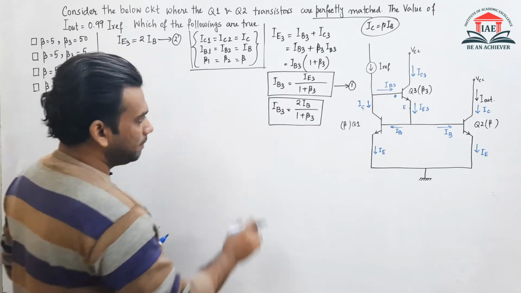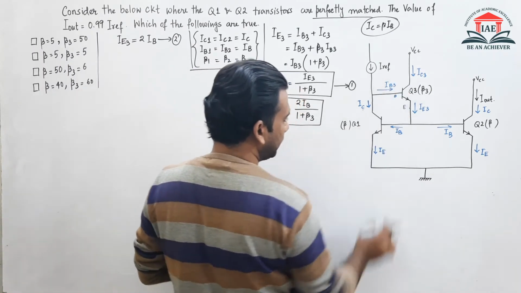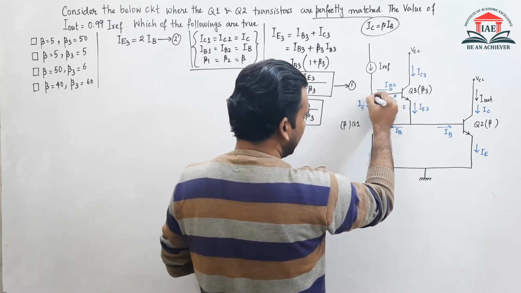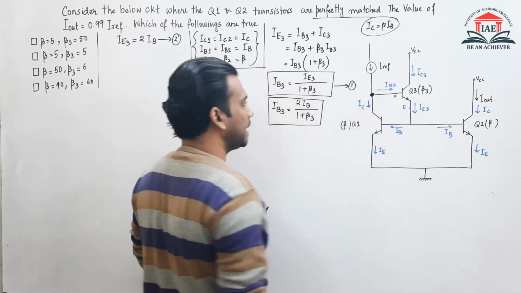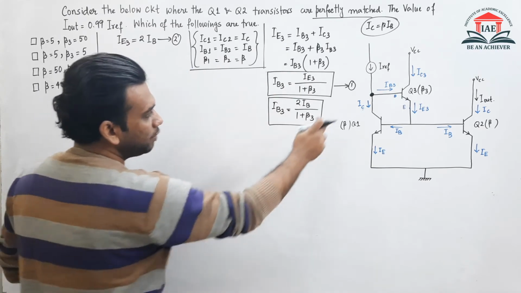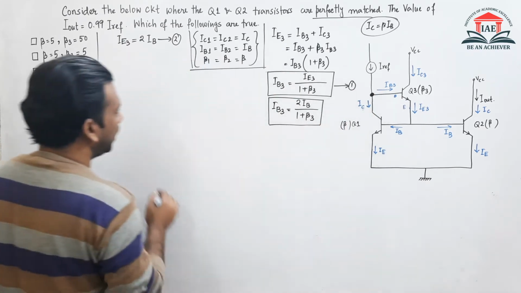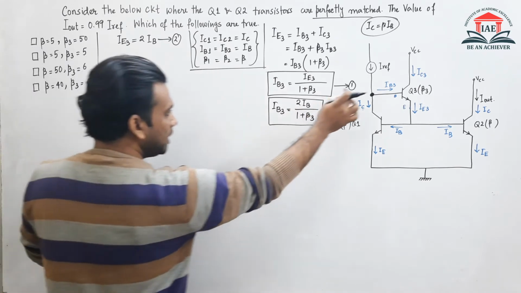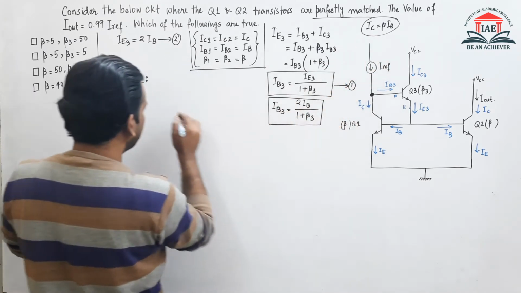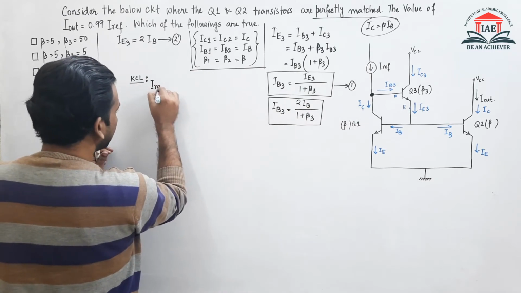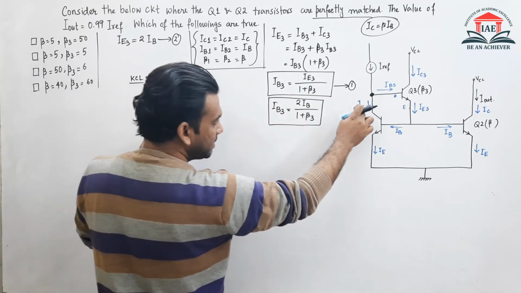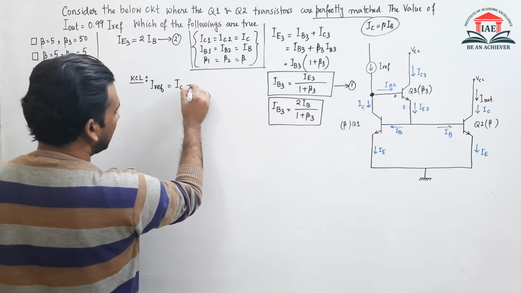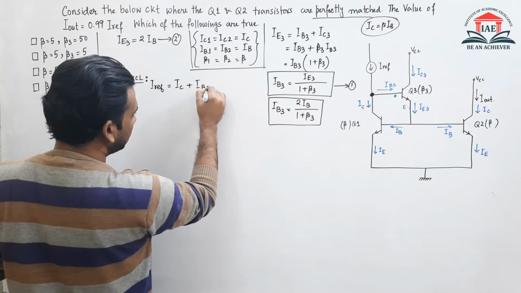Now IB3 आपका मिल गया, यहाँ पे ये वाला करंट मिल गया. Now if you apply the KCL at this node, ये वाले नोड पे KCL अप्लाई कीजिए. So after applying KCL at this node, I reference can be written as IC plus IB3.